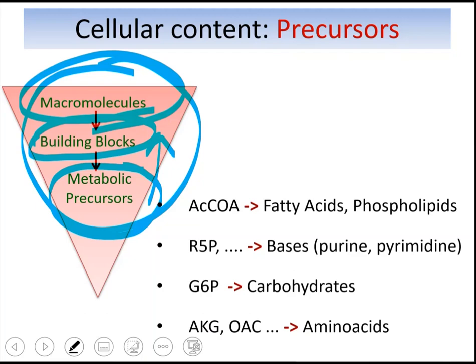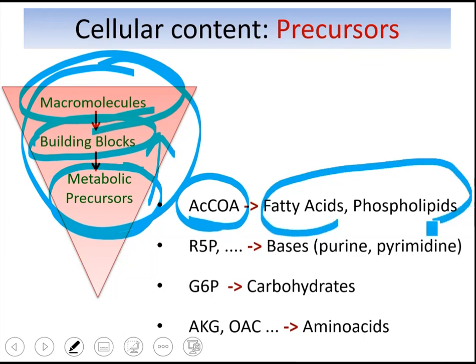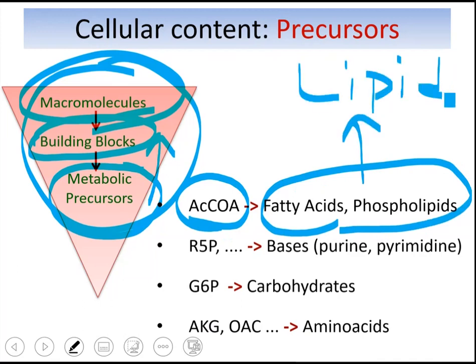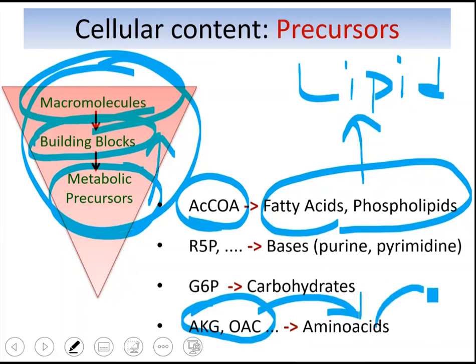For example, acetyl coenzyme A is a precursor within central carbon metabolism. It is used to make fatty acids and phospholipids, which are building blocks, which are later used to make lipids, macromolecules. Or alpha ketoglutarate and oxaloacetate are metabolic precursors from the TCA cycle. They are used to make amino acids, which are building blocks, and later amino acids are used to make proteins.